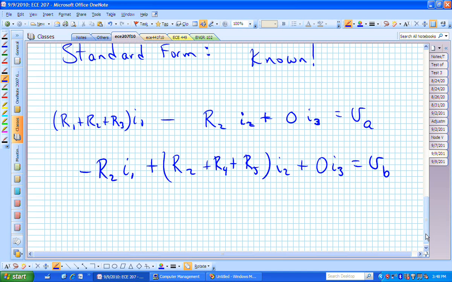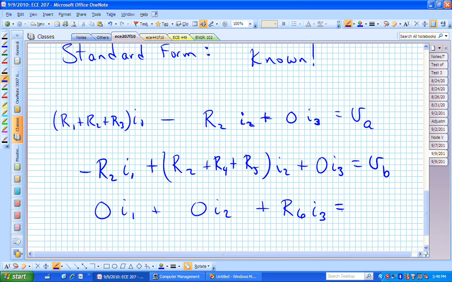We have one more equation, which is the third equation. I3 does not share any resistors with I1 or I2. We should be expecting then those two coefficients to be negative. We have R sub 6 times I sub 3.